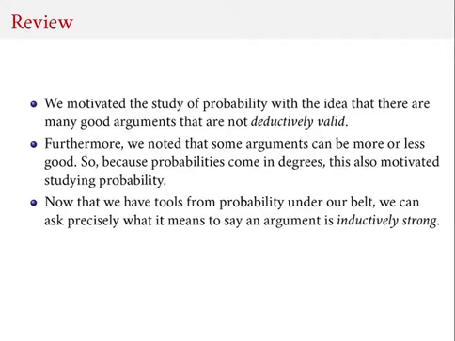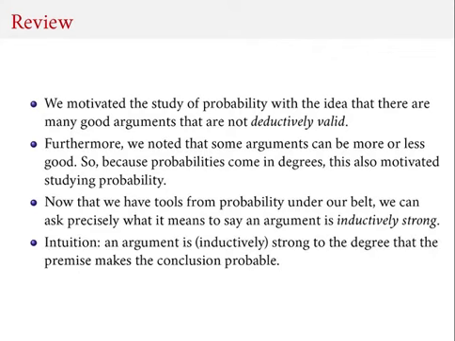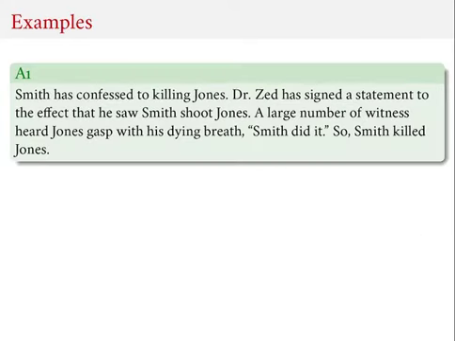Or another way of putting it is that we can get a precise grip on what is good inductive reasoning. Now here is the guiding intuition, which I mentioned at the very beginning of this unit: an argument is inductively strong to the degree that the premise makes the conclusion probable. So how can we understand that with all that we've seen in this unit?